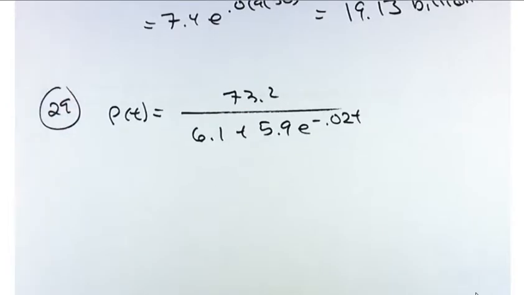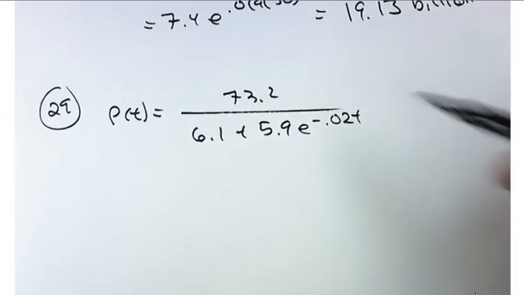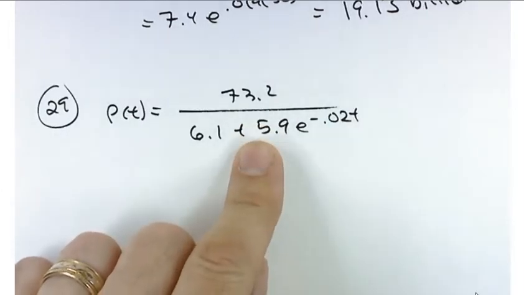So this is, like I said, kind of a constrained model. And I know this is assuming that there's a limit on the growth of the human population here.